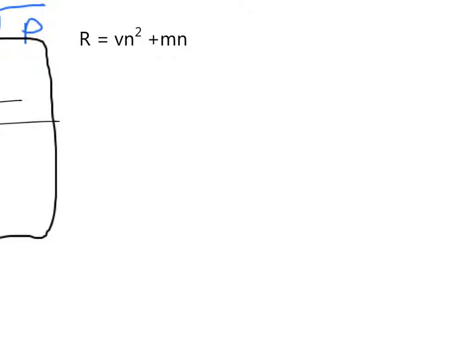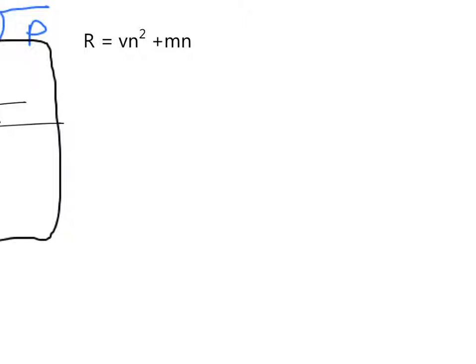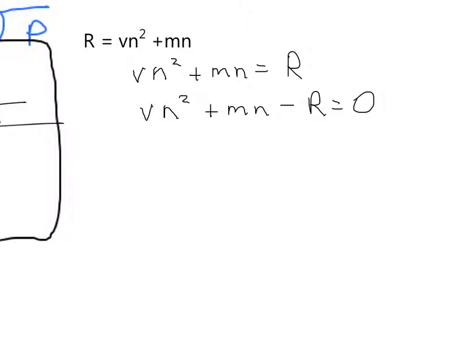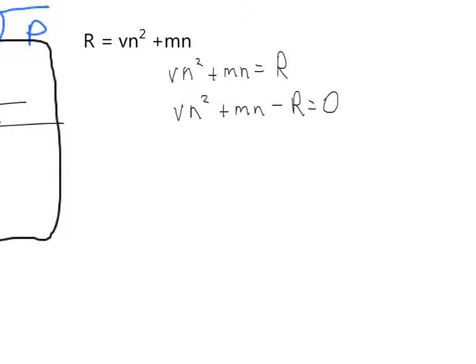So let's move our n's to the left, just switch around what's on either side of the equal sign. So we have vn squared plus mn equals r, and then we subtract r from both sides so that we can set it equal to 0, and when it's set equal to 0 we can solve it.